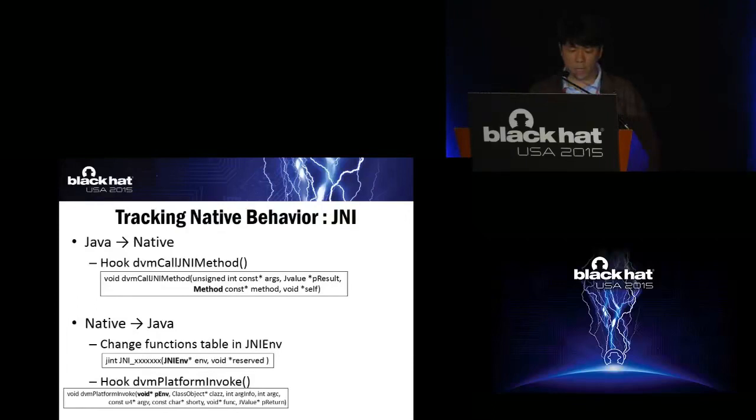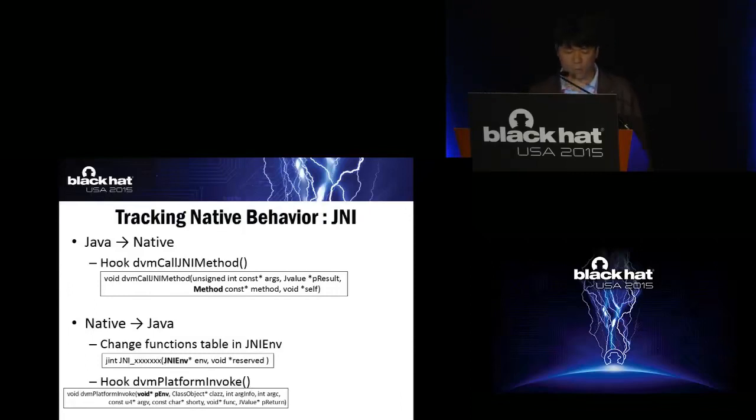Now I'll explain how to track native behavior. First, when a Java method calls a native function, the Dalvik virtual machine executes the dvmCallJNIMethod function. dvmCallJNIMethod gets arguments, the result value, and the method structure as parameters. The method structure has the native function name and address that is called by Java.